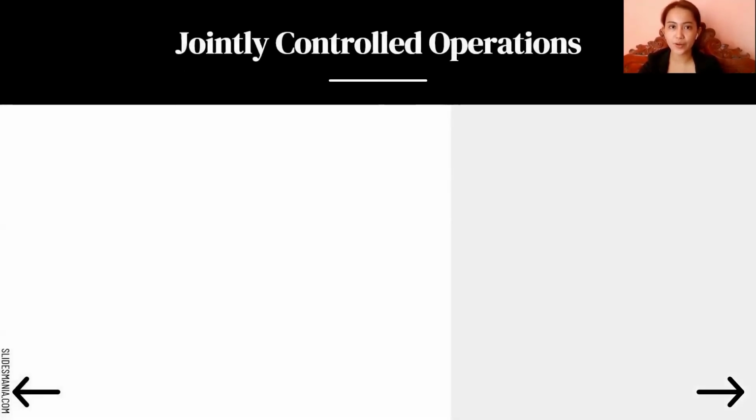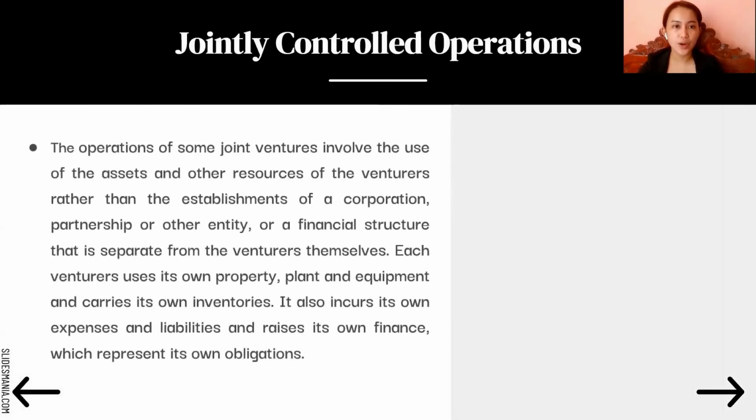Jointly controlled operations. The operations of some joint ventures involve the use of the assets and other resources of the venturers rather than the establishment of a corporation, partnership, or other entity or a financial structure that is separate from the venturers themselves.